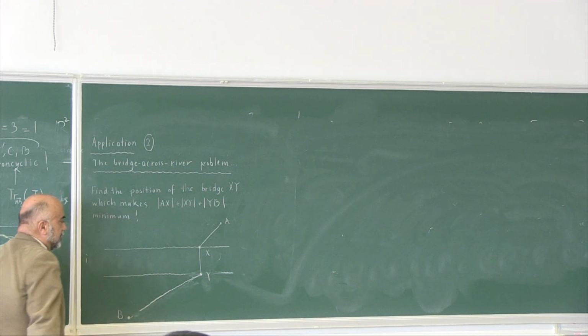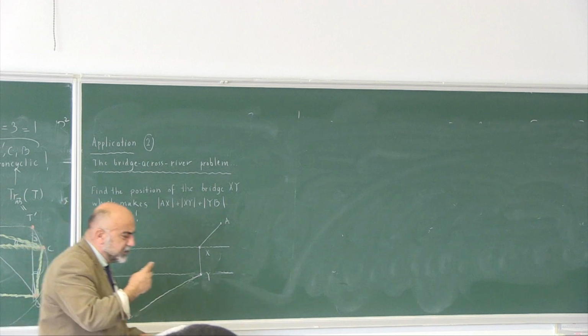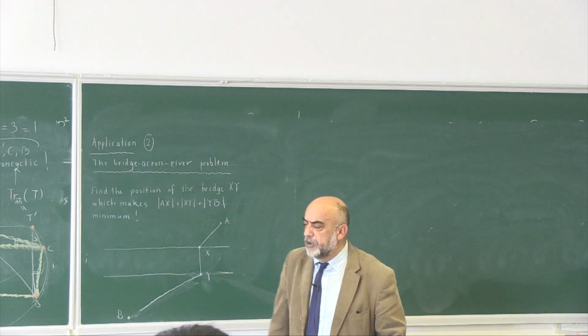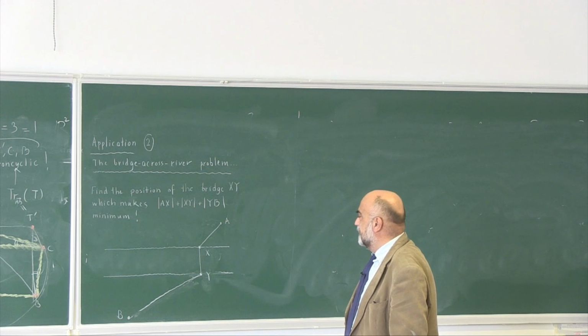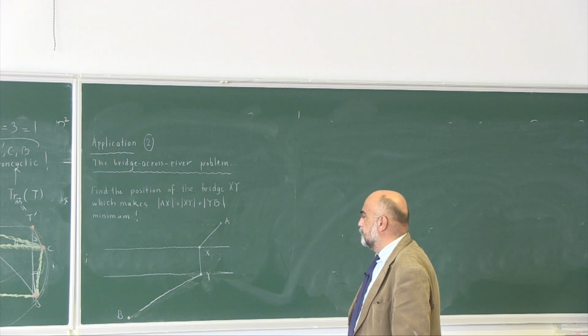As I say, you can approach this problem in many different ways. You can actually have a go at it using calculus, and you will get the same results. The idea is, however, using geometry.